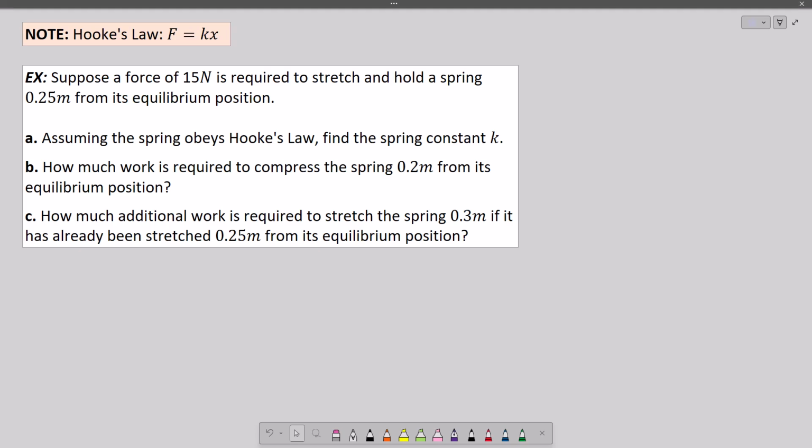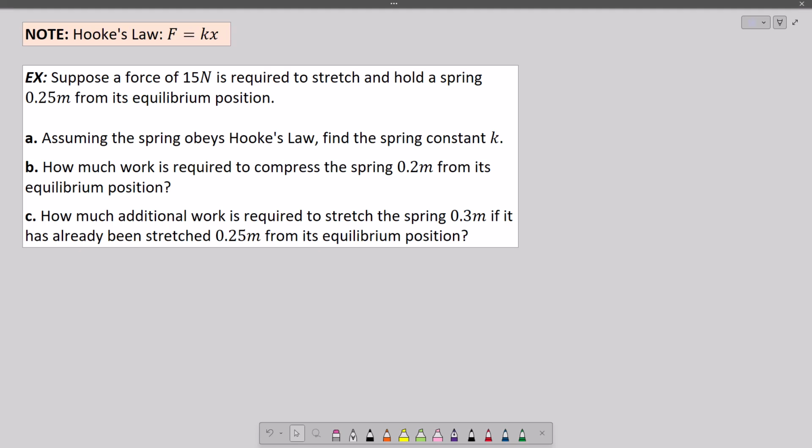Every isotope has its own decay constant, and you use the half-life to find that decay constant. It's that same idea. Every isotope decays at some constant rate. Every spring has its own spring constant. So we use some data point in order to figure out what the constant is for the spring, just like we figured out the constant for an isotope using the half-life.